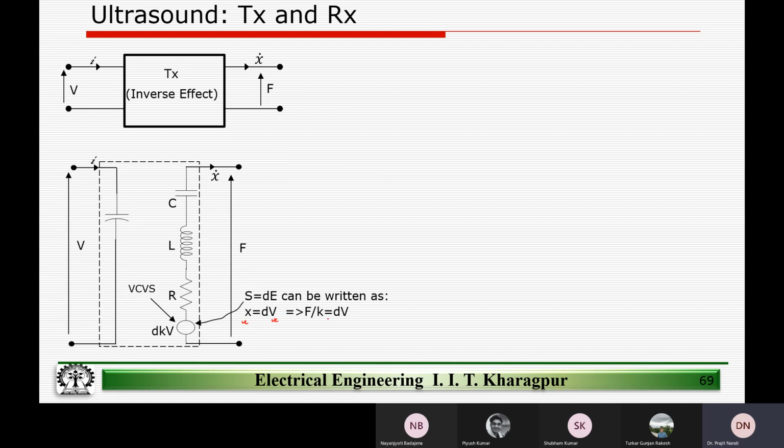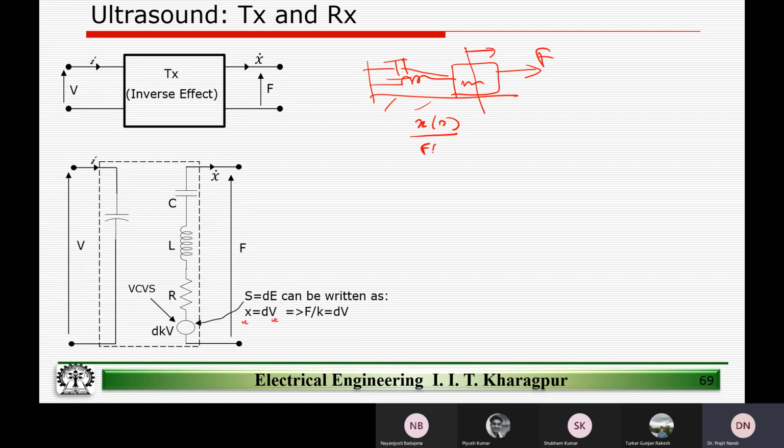And X again is proportional to the force, or the stress, that is being built up in the system. From the spring and damper model of the crystal, we had a mass M and we applied a force F. We derived the transfer function XS by FS, where X is the movement from the equilibrium position.